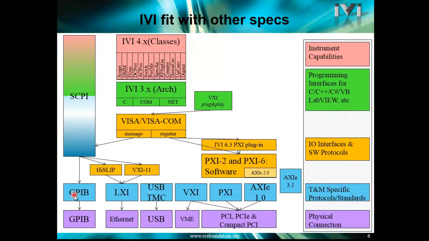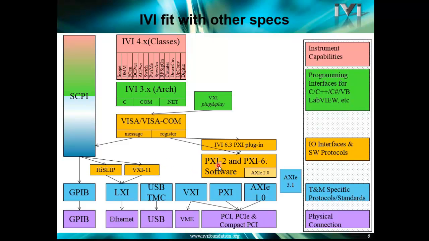So you can see here at the next layer in that communication stack, HiSLIP and VXI-11 providing ways to access Ethernet instruments. Most new instruments now are probably being built with HiSLIP, which provides higher performance, lower latency communication than VXI-11 did, just because it's built on top of some more current Ethernet technologies than VXI-11 was.